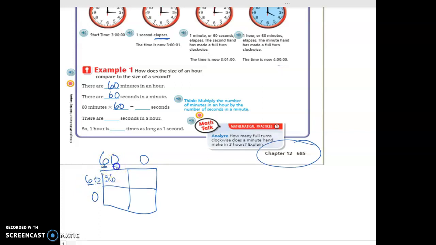And how many zeros? There are 2. We all know that 60 times 0 is 0, 60 times 0 is 0, and 0 times 0 is 0. So when we add those up, we know that it's 3,600. So we know that there's 3,600 seconds in 1 hour. So 1 hour is 3,600 times as long as 1 second.